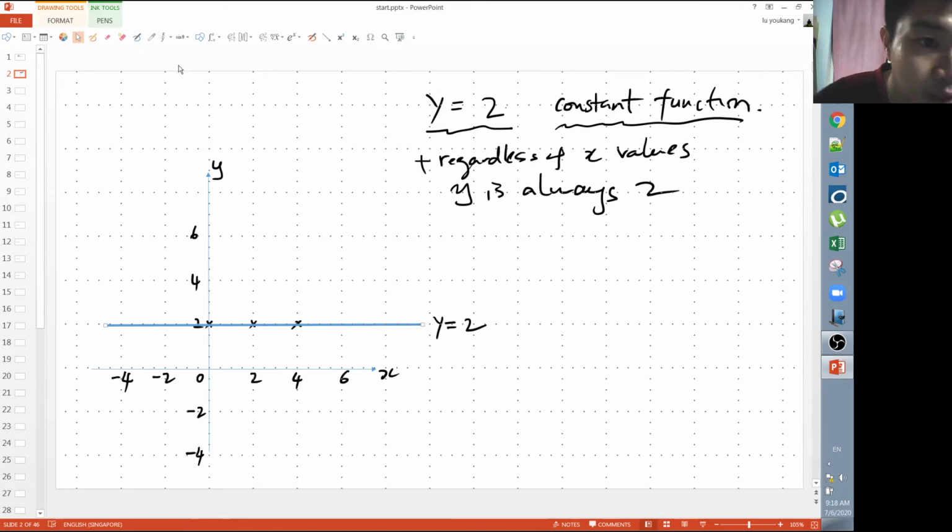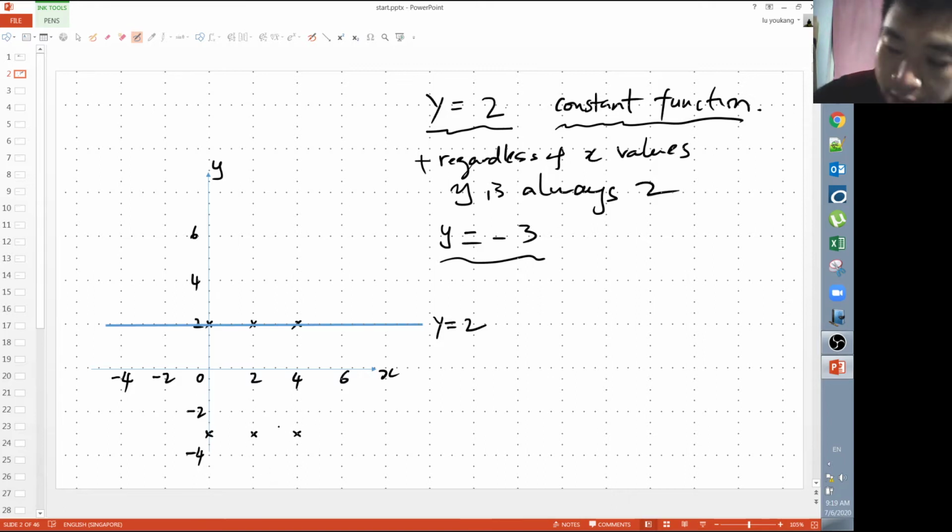Now let me give you another example. So let's draw y is equal to -3. I hope you can see this is also a constant function. So regardless of your x values, your y is always equal to -3, right? So regardless of your x values, it's always -3, -3, and -3 for your y values.